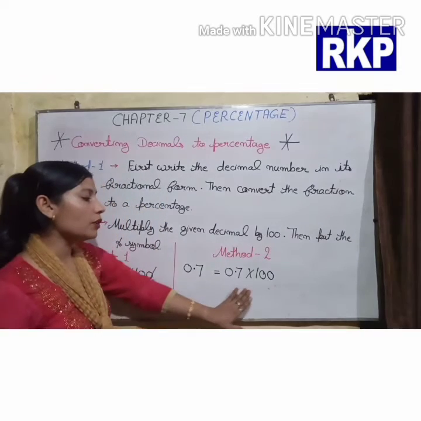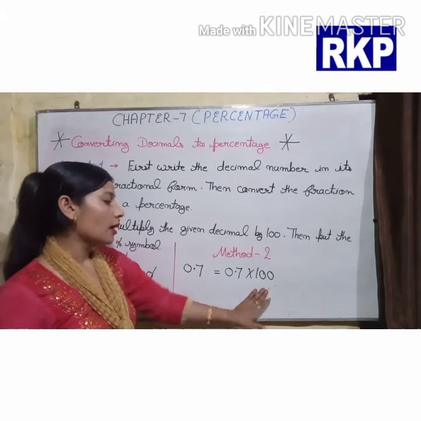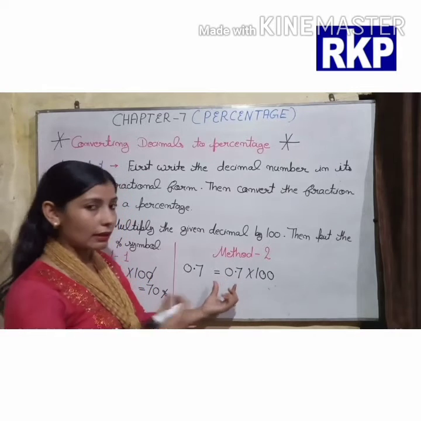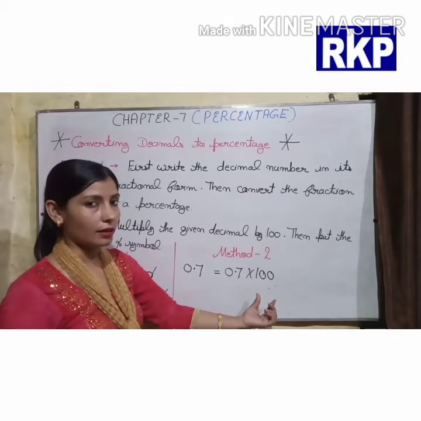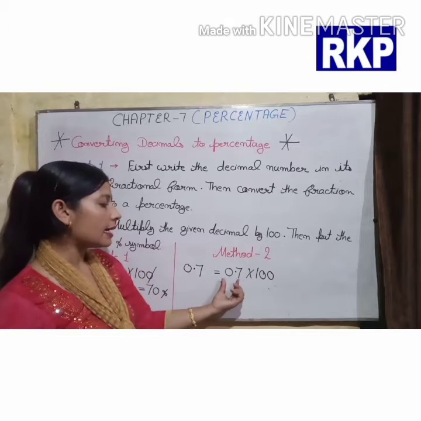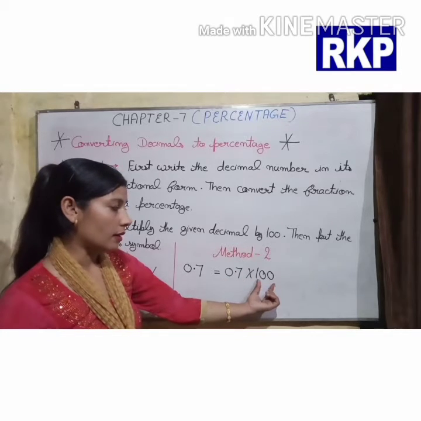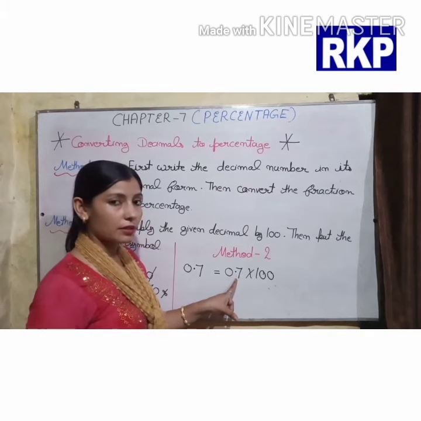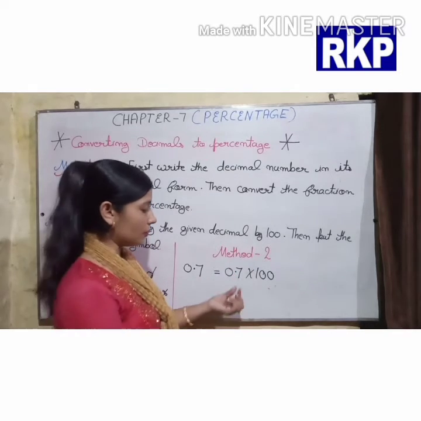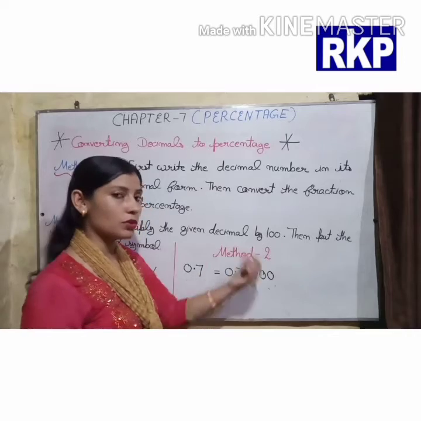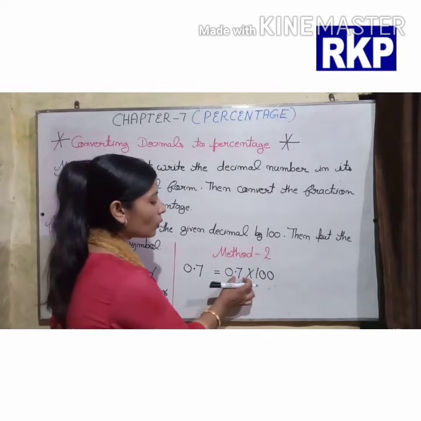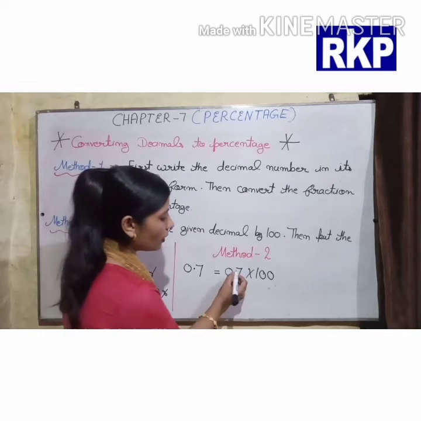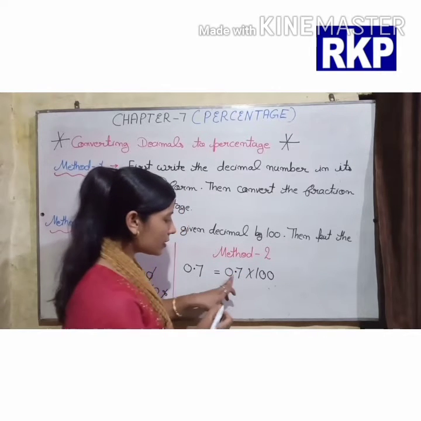And we know very well how we can multiply a decimal number directly with 100. If we multiply any decimal number with 100, then the decimal point will shift, beta. Where will it shift? 2 digits to the right side. So here we have the decimal point before 7.